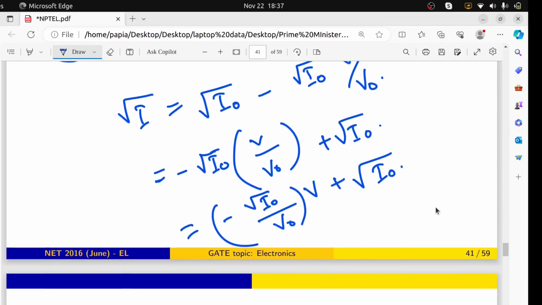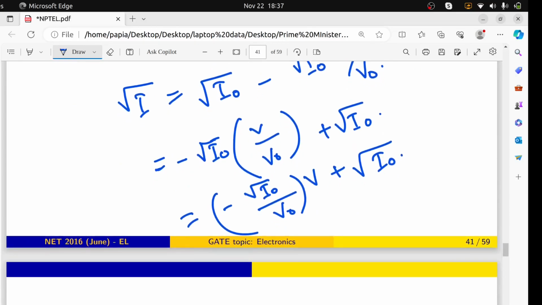So what is basically this one? If I plot y equals mx plus c, then we just want to compare these two: y equals mx plus c and root over I equals minus root over I0 by V0 into V plus root over I0. So the plot will be between which to which?